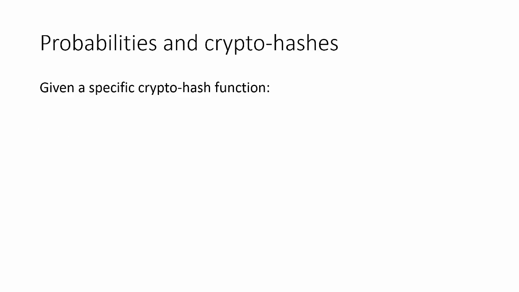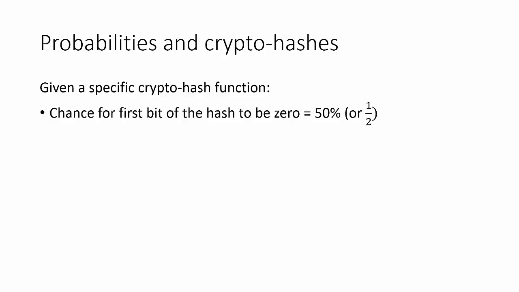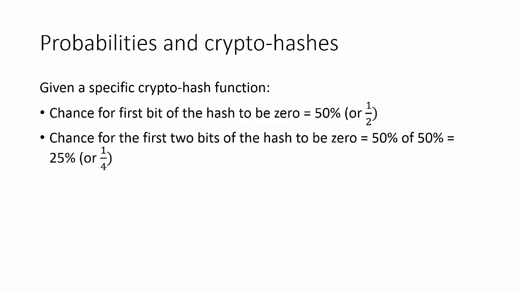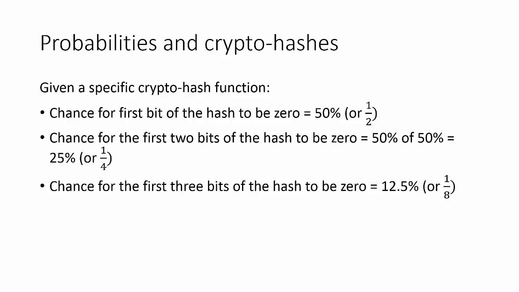Let's examine some probabilities related to crypto hashes, which we will use later in the series. The probability that the first bit of the hash is 0 is exactly 1/2, because it can have 2 values, and we have stated the result of the hash behaves randomly. As a consequence, the probability that the first 2 bits are 0 is 1/4, and that the first 3 bits are 0 is 1/8.